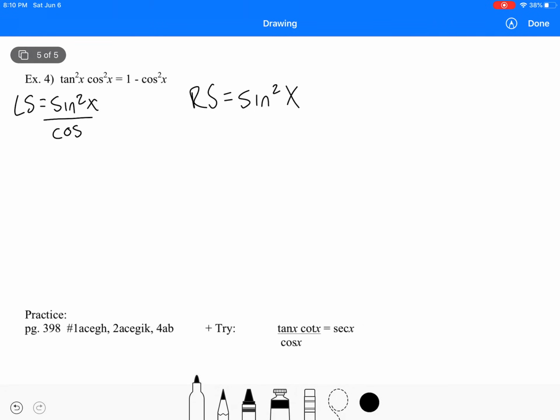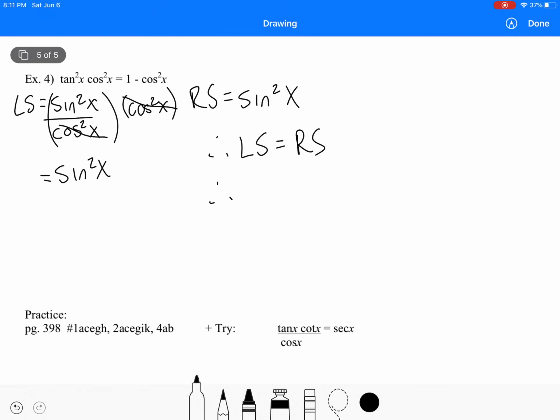The left side, we have sine x over cos x, and then times cos squared, oh, I keep doing theta, x, and then now my two coses cancel, and I have sine squared just like I thought. Therefore, left side equals right side. Therefore, tan squared x cos x equals 1 minus cos squared x.